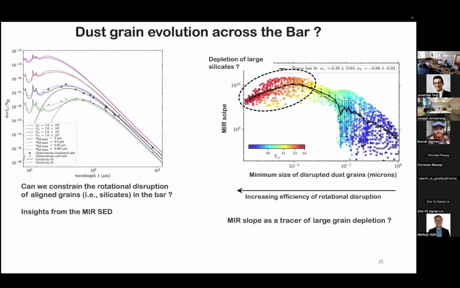This is just a tentative correlation, or study, but this would be the confirmation, if it is meant to be confirmed, that indeed rotational disruption is efficient at removing the large grains in the layers of intensively irradiated PDRs. And outflow cavities behave like pseudo-PDRs, so this comparison is valid.